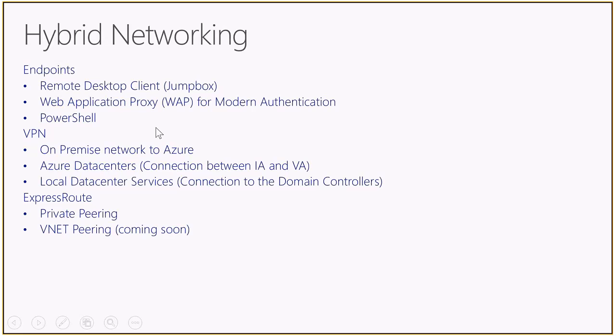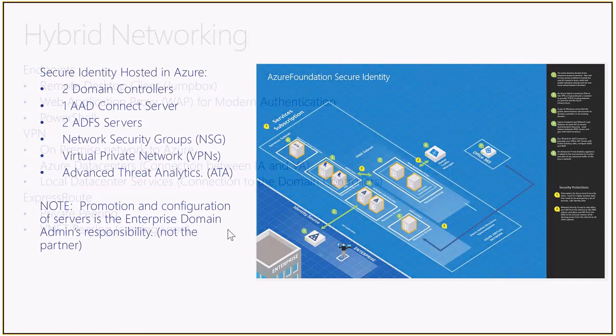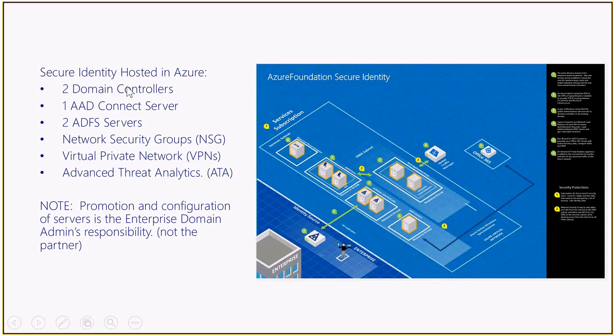So then you get into hybrid networking, our VPNs. Here's the identity pattern: two domain controllers, Azure Active Directory Connect server and ADFS server. We do these network security groups to make it so that the non-DMZ servers can't be accessed from the internet because of web application proxies.